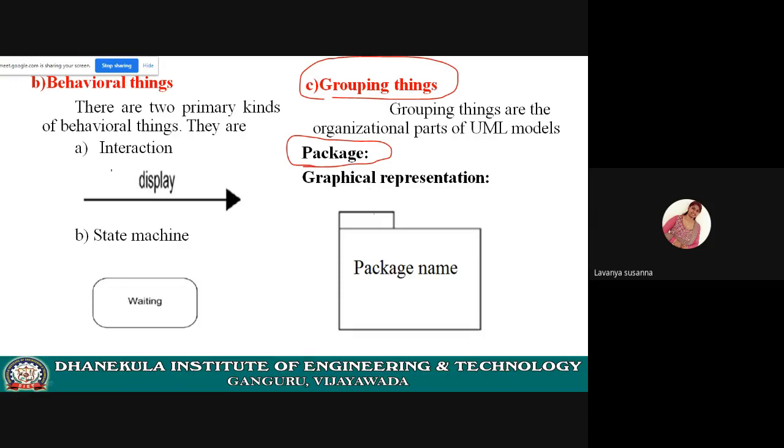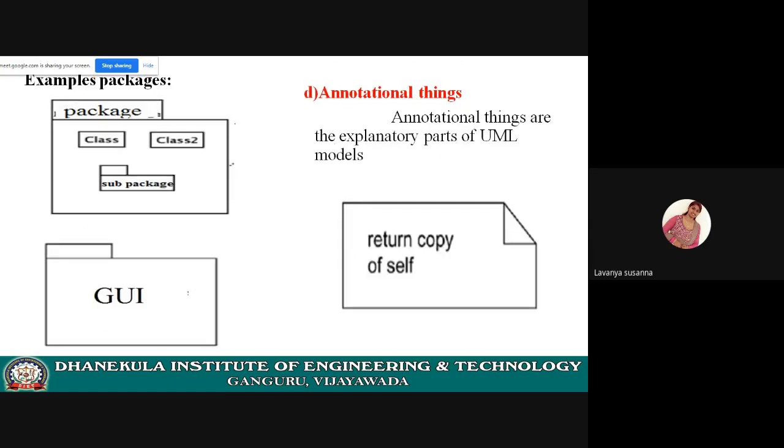A package contains all the UML elements like classes, relationships between the classes, objects, all related classes; you will group these things into the package. A package may contain classes and it may also contain some sub packages.